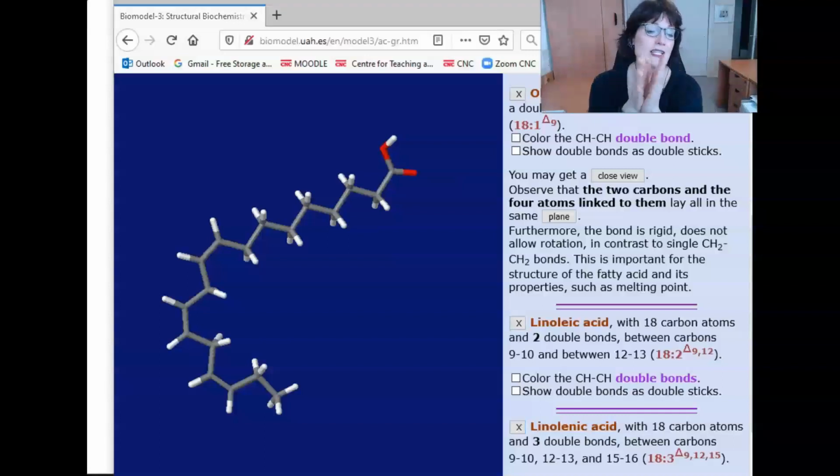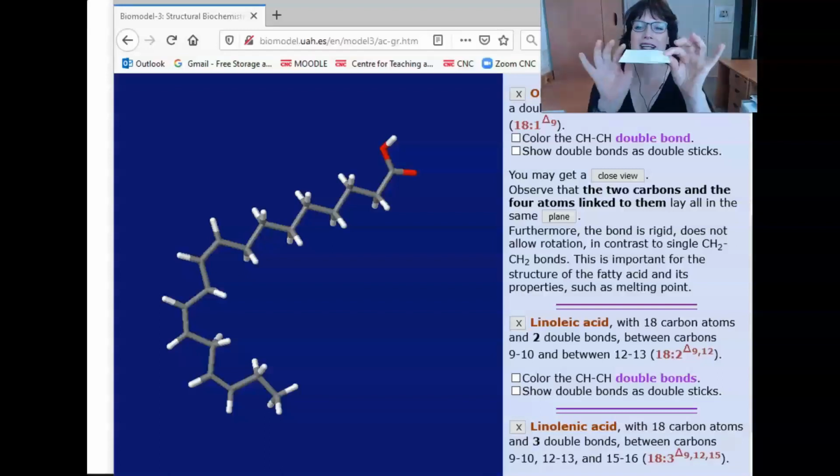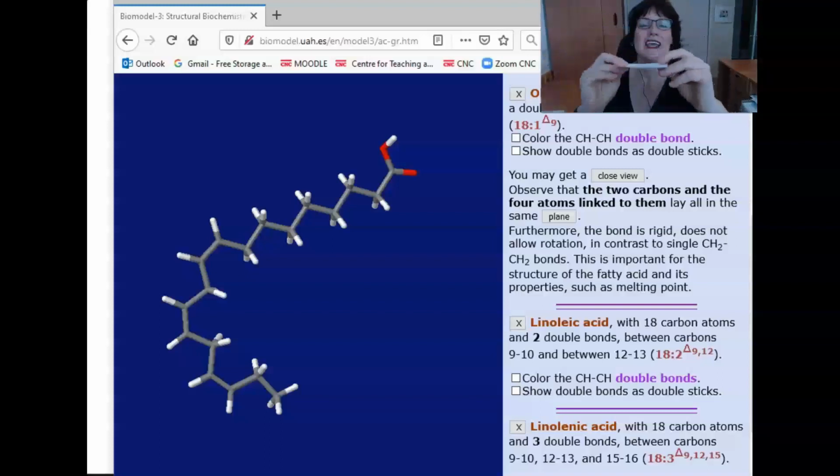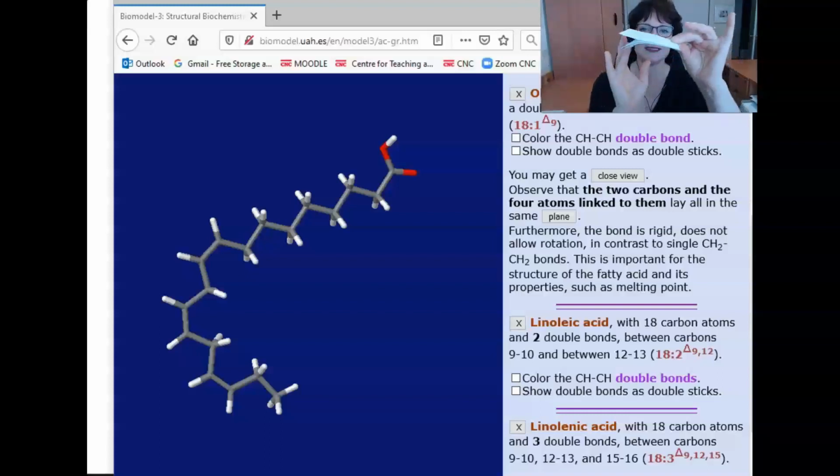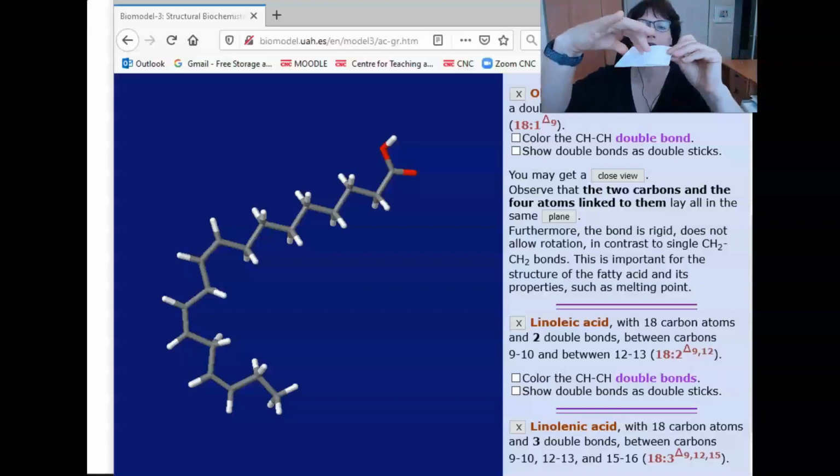How does that explain why unsaturated fats tend to be liquid at room temperature versus solid, like the saturated fats? So here's my handy dandy triglyceride or triacylglycerol, okay, 3 carbon backbone, and the 3 fatty acid chains, 1, 2, 3. And so these 3 fatty acid chains without a double bond are saturated fatty acids.